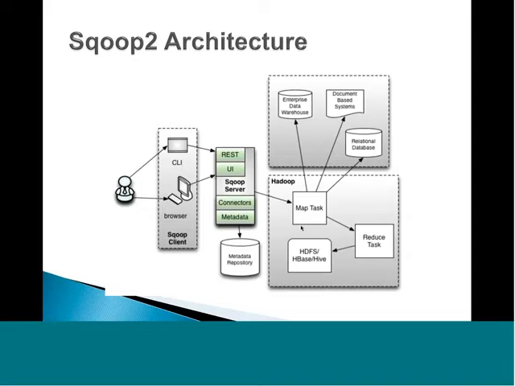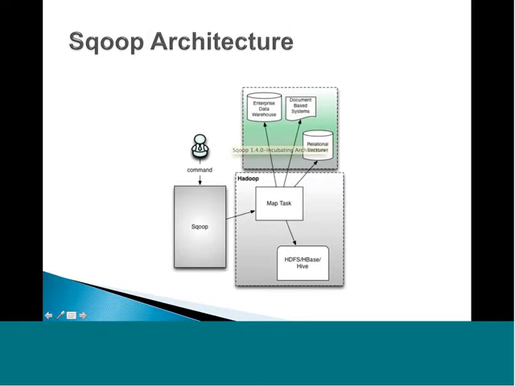And another difference is sqoop 2 uses both mappers and reducers. So mappers will be used to read the data from the databases, and then reducers will be used to write the data to the target. Whereas in sqoop 1, it's a map-only job, so maps are responsible for both reading data from source and writing to sink.